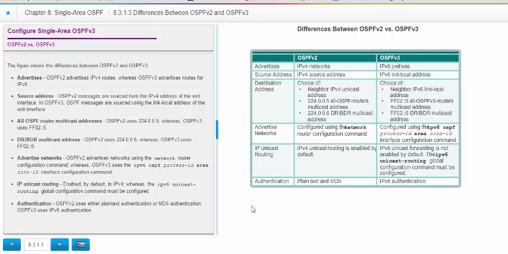With IP unicast routing, it's enabled by default for IPv4. The ipv6 unicast-routing global configuration command must be configured. With authentication, version 2 uses either plain text authentication or MD5. Version 3 uses IPv6 authentication.